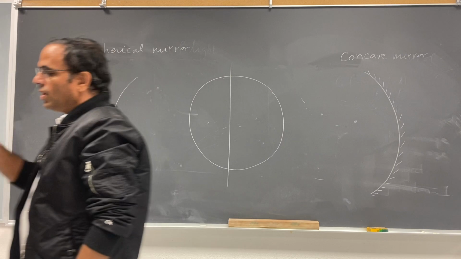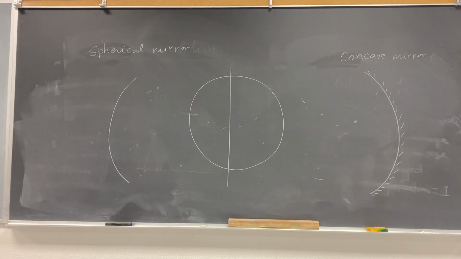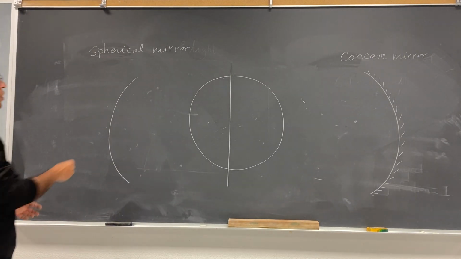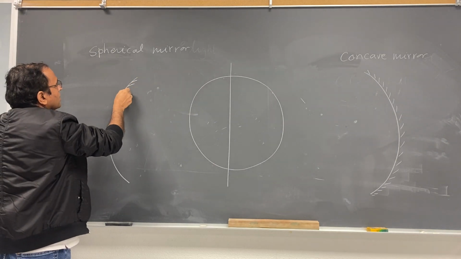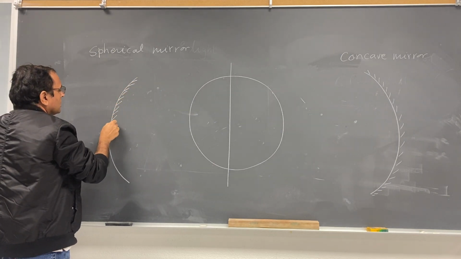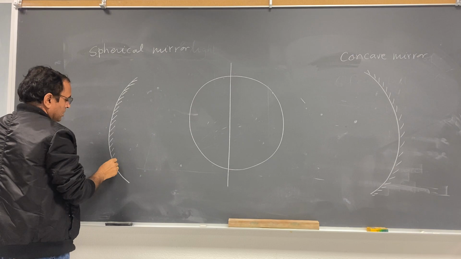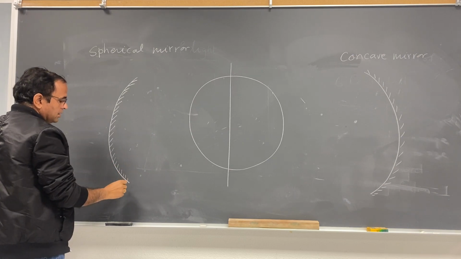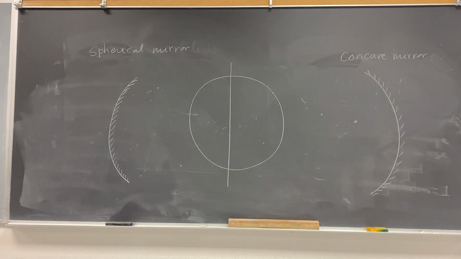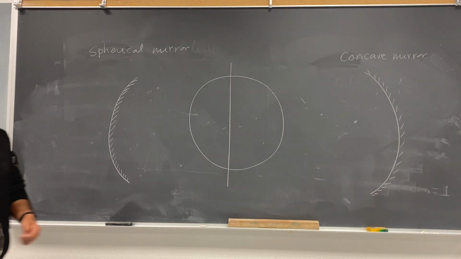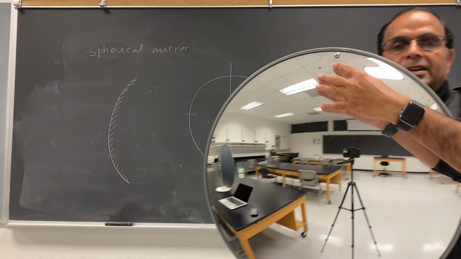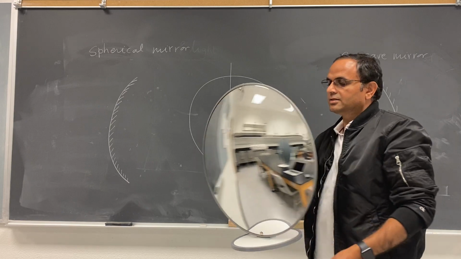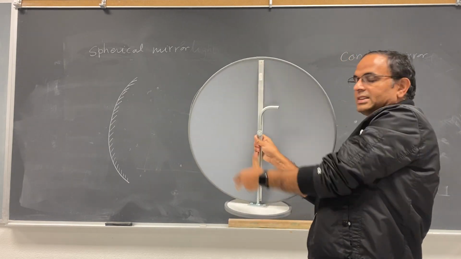Now the other one is if your coating is on this side. Silver this side. So it is like this. Look here, this is the reflecting surface, but you coat silver on this side.